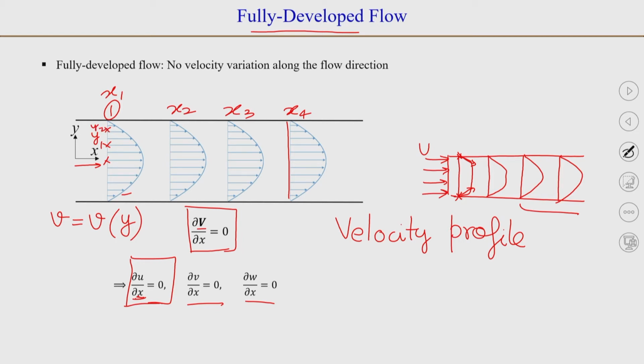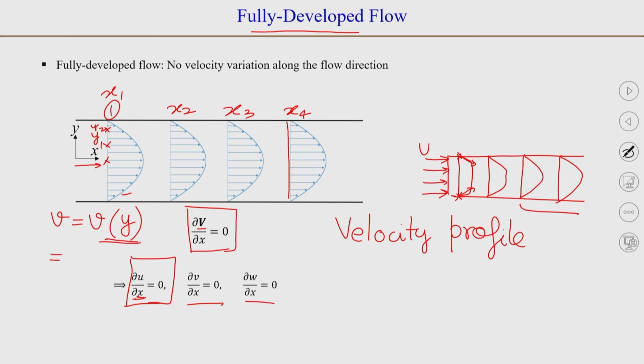So, there is variation in velocity along the transverse direction, and this variation is what we call velocity profile. For example, when we say the velocity profile is parabolic, that means the equation of the variation of velocity with respect to y is parabolic. When we say this is linear, then this equation is linear.